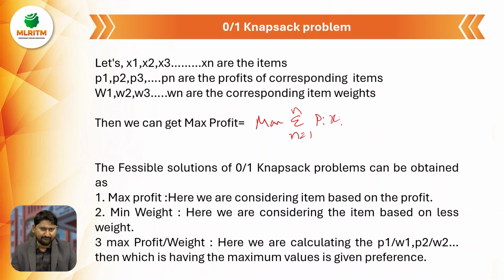Next, minimum weight: here we consider the items based on the least weight, first placing the minimum weight item and obtaining its corresponding profit. Last is maximum profit by weight: first you calculate the profit by weight values, and the item with the maximum value is placed in the knapsack first.